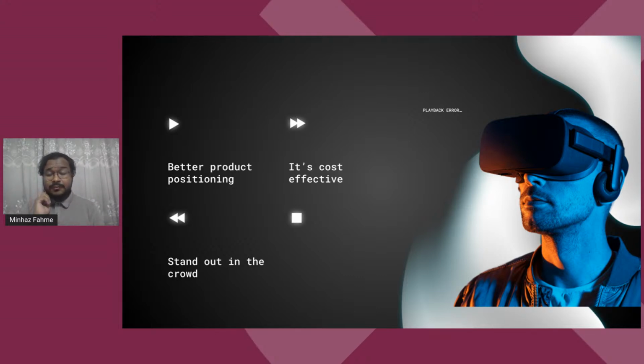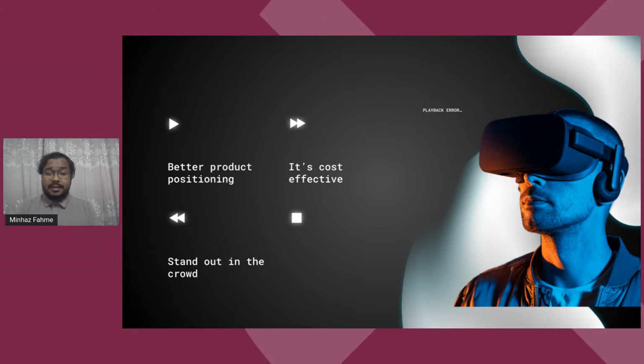So VR AR is probably the best way to go forward, because we've seen the most renowned brands in terms of branding and marketing use this as a tool. As I mentioned, KFC, Coke, they always go back to VR and AR and those immersive experiences.